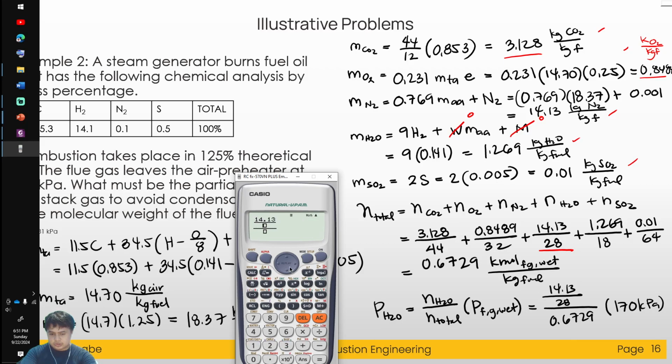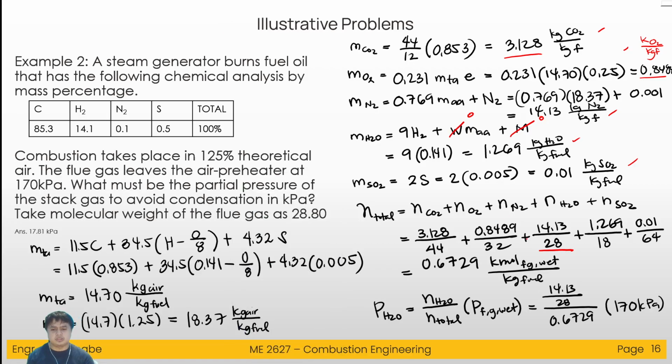14.13 over 28. Oh, this is not 28. Sorry, this is N2 pala. No, no, no. Why did I erase that? This one should be 18, no?